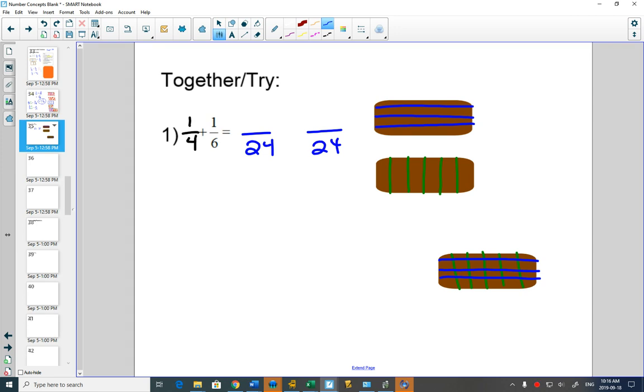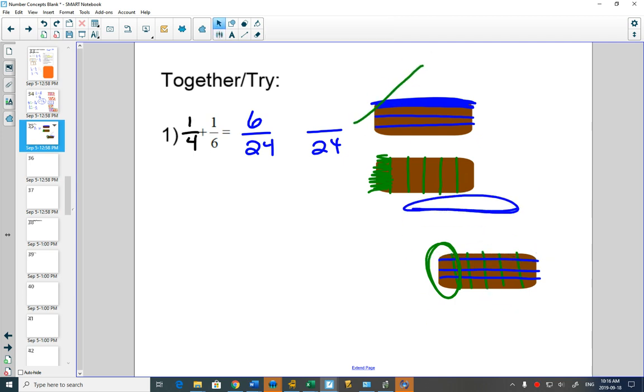If you had one blue piece, which is a whole top, how many pieces would you have? 6. If you did one green piece, which is like this, how many pieces would you have? We're ignoring the blue. Oops, sorry. Throw that away.